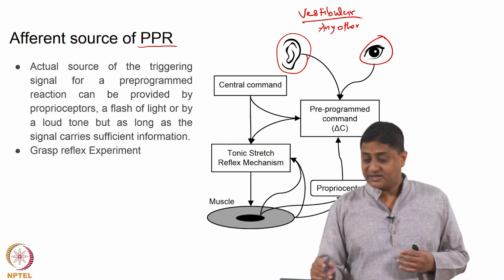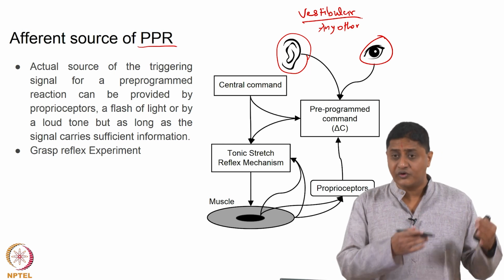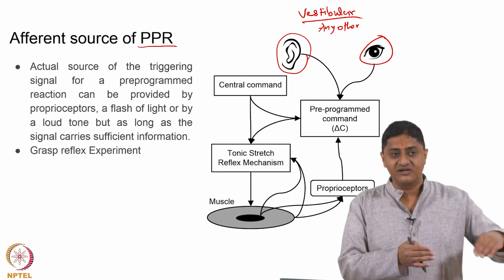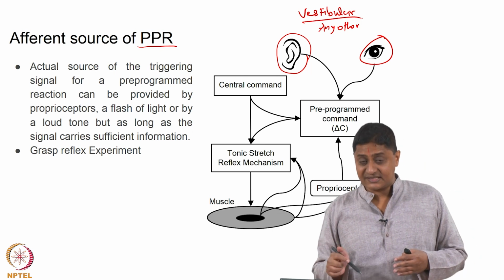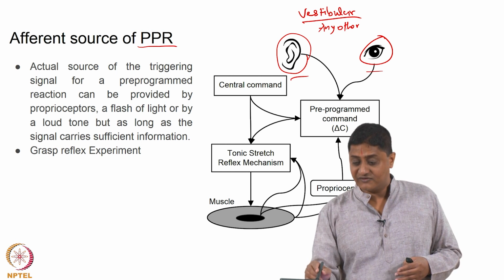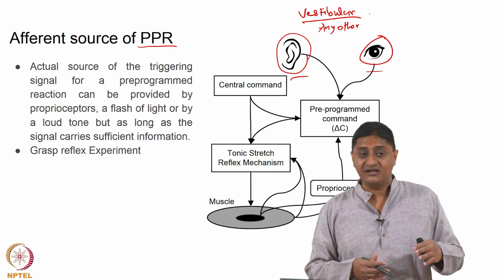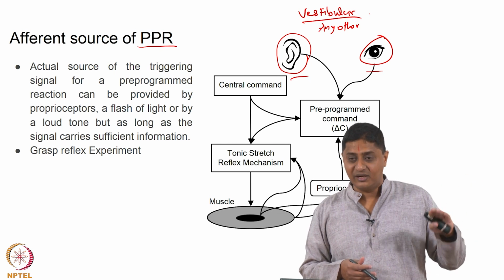So, it can be vestibular, it can be any other modality. It can also involve the 1A afferents or cutaneous receptors, etc. That does not mean that we are excluding them from the source of afferents, but in this case the response can also be triggered by auditory and visual and vestibular and other senses that are not discussed previously. Previously we only discussed the case of 1A, 1B and 2 and so on.